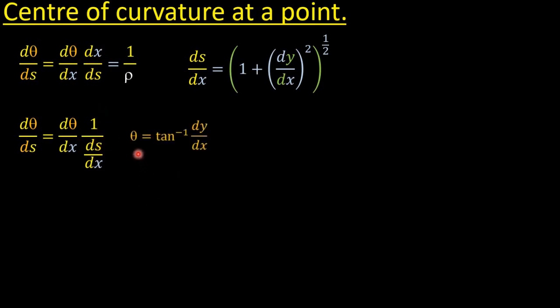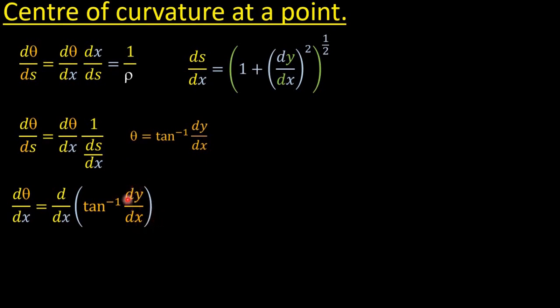And remembering theta equals inverse tan of dy dx, I can substitute theta into here and then take the derivative of inverse tan of dy dx with respect to x. So I've just taken this term, put it there, and substituted theta with inverse tan of dy dx to get this.